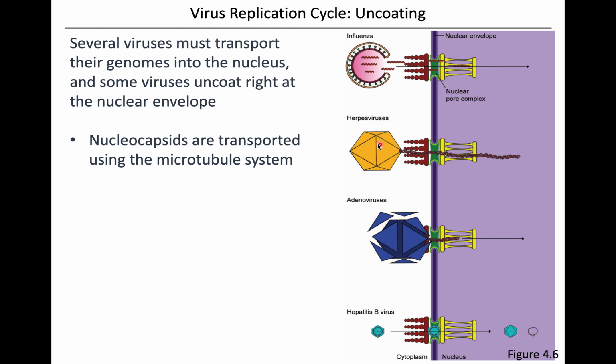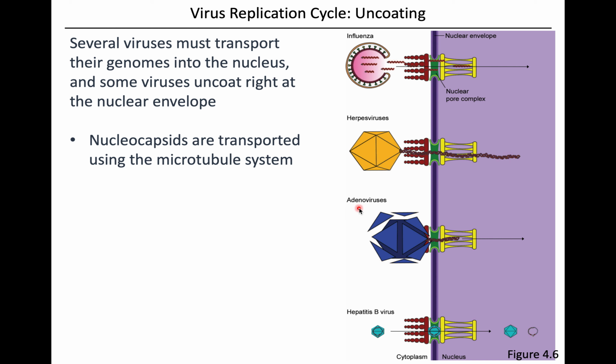You do have things like herpes virus, which travels on microtubule tracks basically to the nuclear pores, and it uncoats right there, or very close to the nuclear pore, so that as it uncoats, basically its genetic material is threaded straight into the nucleus.